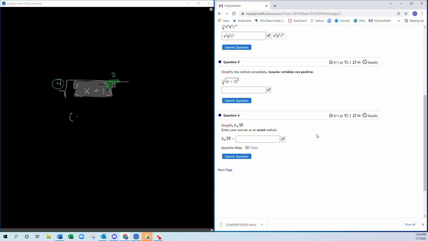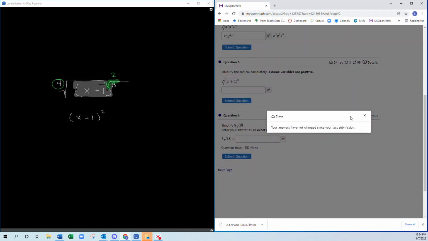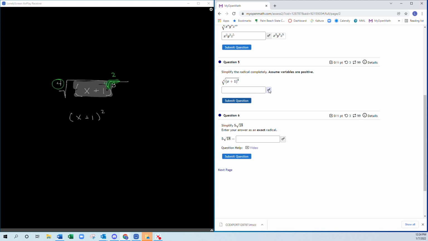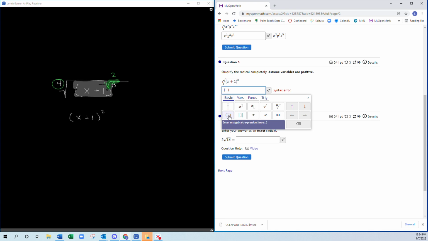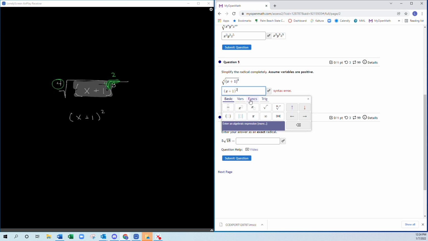So you are left with x plus 1 raised to the second power. So again, make sure you put this in. I want my parentheses first. Inside my parentheses, I type x plus 1, and then I arrow over, raise it to the second power, and that's going to be our last answer.